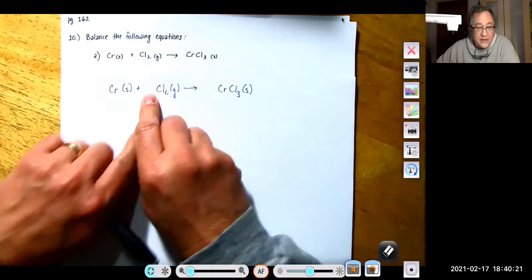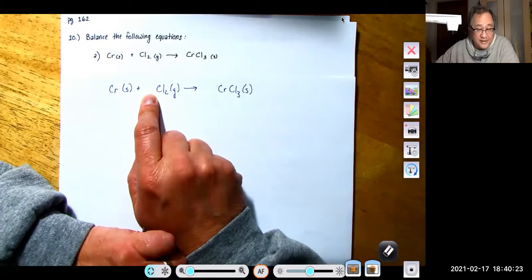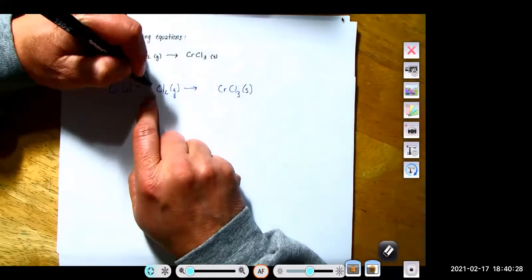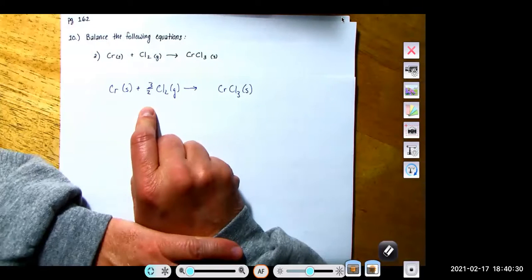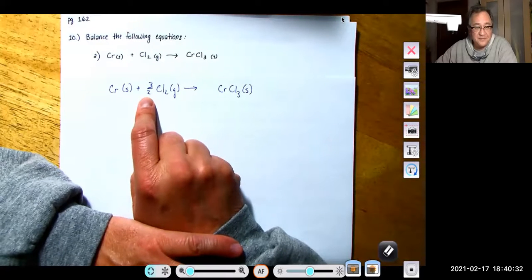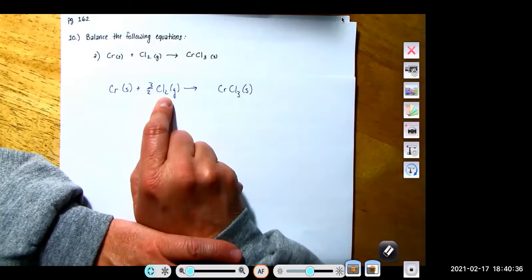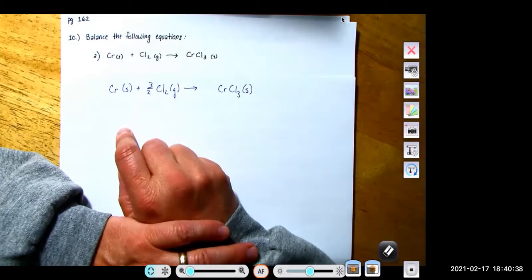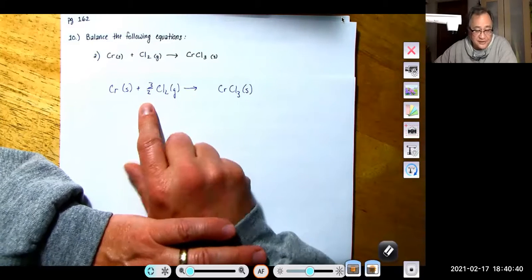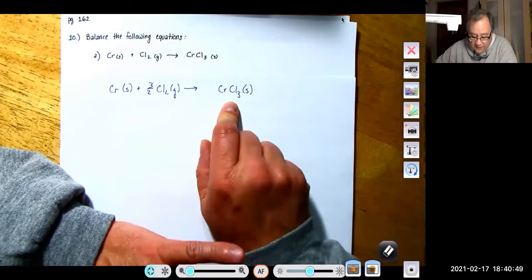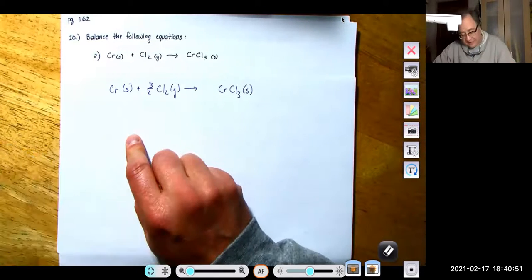What number could I put here so I get 3 chlorines? 3/2, right? Because 3/2 times 2 is 3. Now, do we like fractional coefficients? The answer is absolutely not. So how do we keep the ratios the same and get rid of the fraction? Double everything.